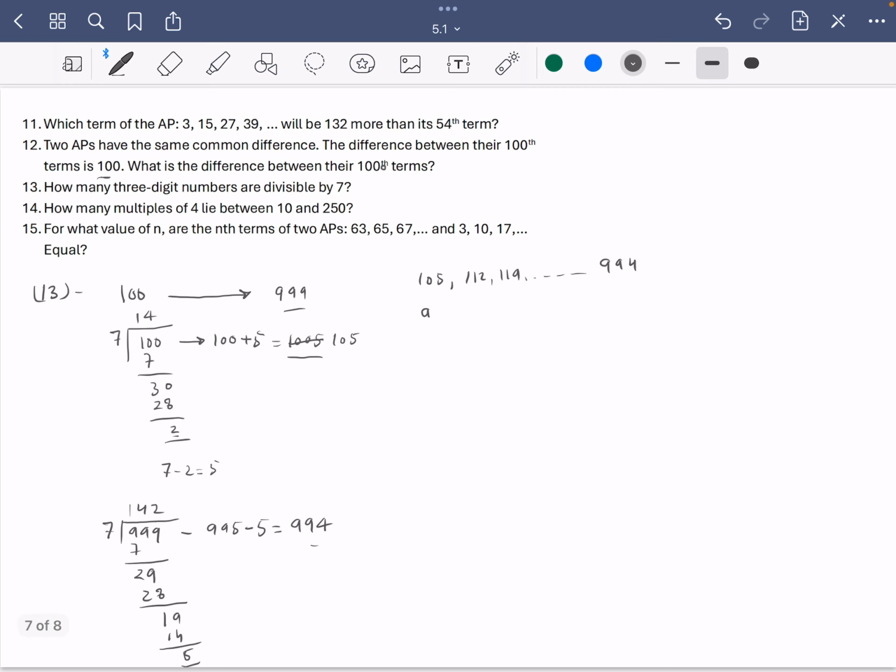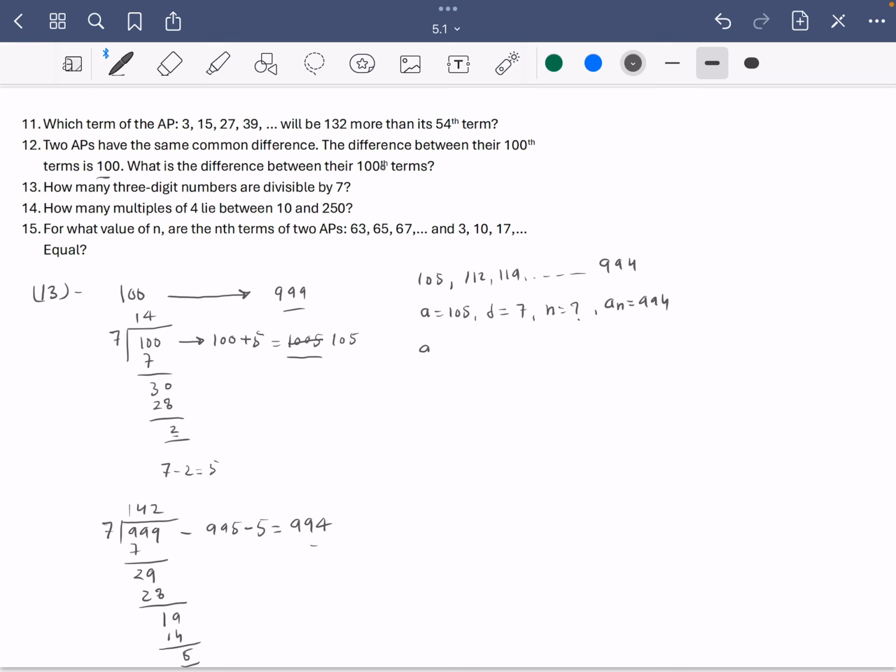So a here is 105, d, since it's divisible by 7, should be 7, and n I do not know. I have to find out how many numbers are there that are divisible by 7 between 105 and 994. I know the last term is 994, so I'll use the general term formula of an AP.